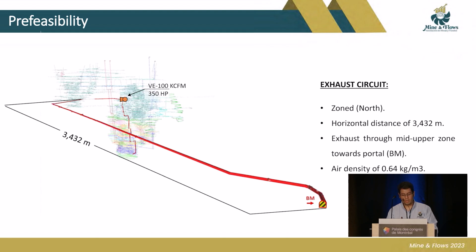Second, it dismisses the use of direct evacuation routes for the workers in the lower levels in case of mine fire. We are talking about 3.4 kilometers in horizontal distance compared to the current 5 kilometers evacuation route.